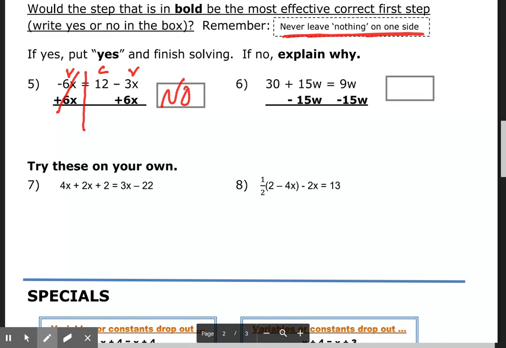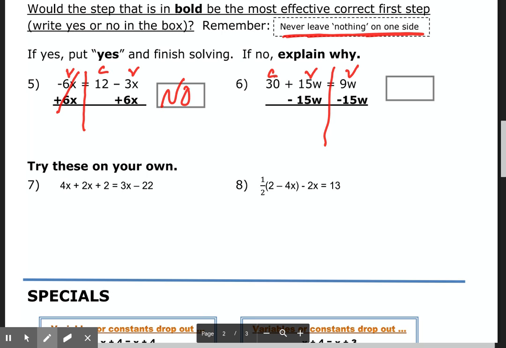Let's look at problem 6. So I've got a constant, a variable term, and a variable term. Here's my equal sign. So I see that my W's are the same, so I need to combine them, but they need to be on opposite sides of the equal sign. We're going to leave that there.